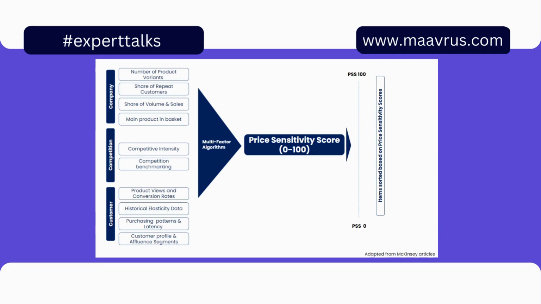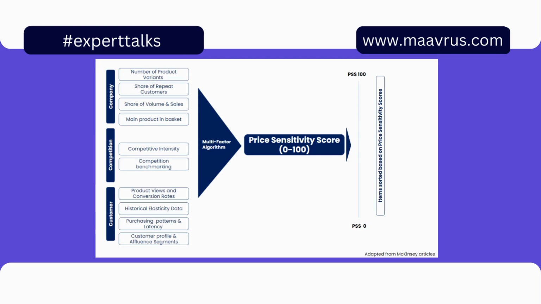From a competition perspective, it is necessary to establish inputs related to competition intensity from the number of competition that is there, the number of competitive products with similar product attributes that are available in the market, and what is the location, presence and distribution strength of competition in the geography in which the company operates. From a customer perspective, inputs could be related to what is the proportion of repeat share of customers who buy in the company?